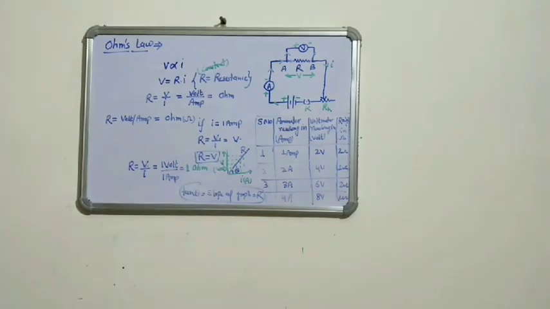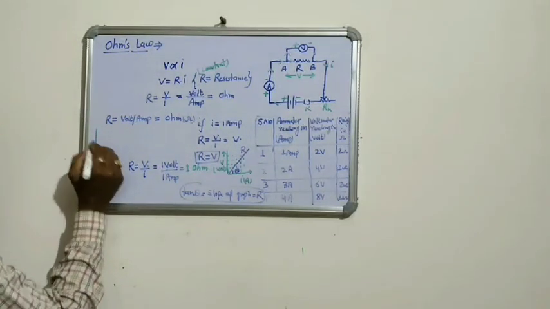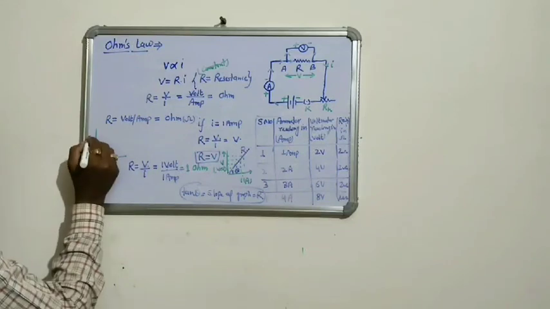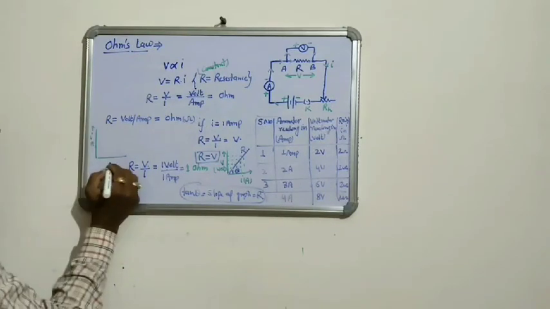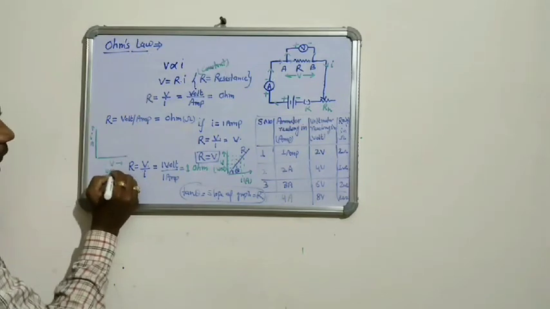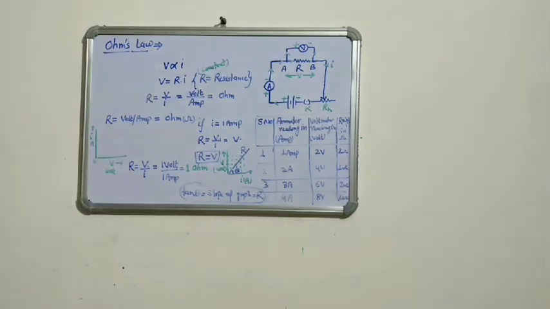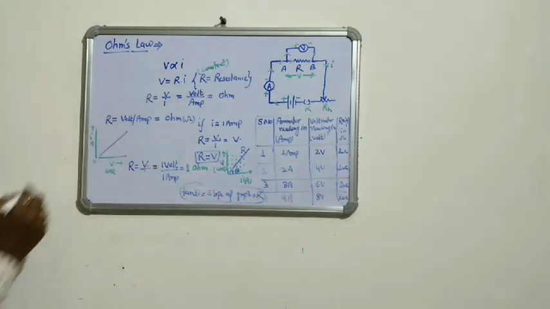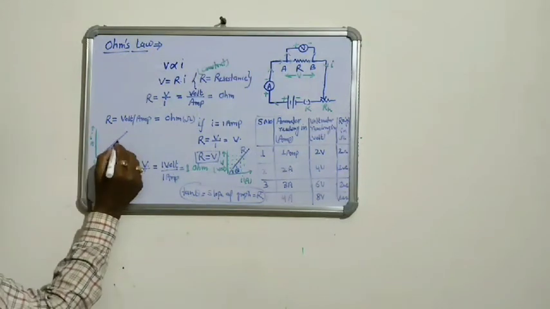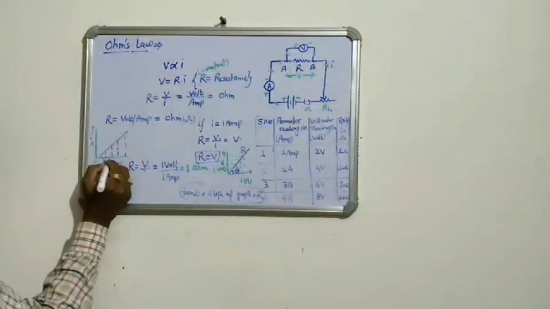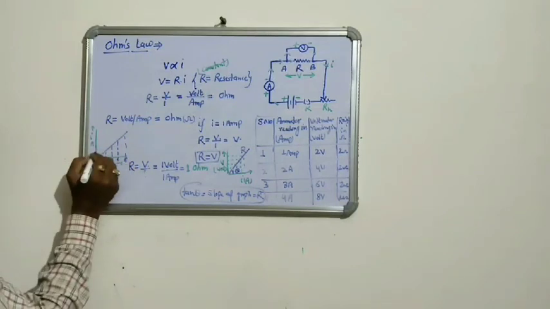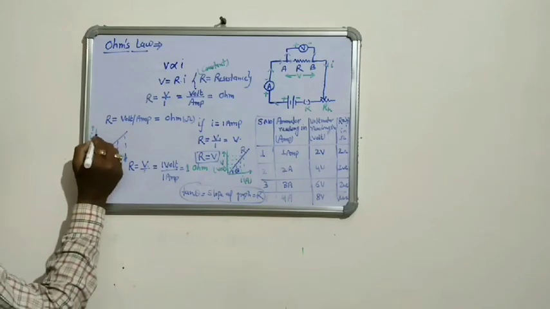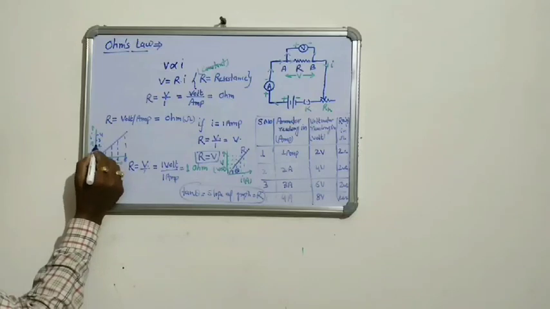And we can plot the graph the inverse way. When we take current I in ampere along the y-axis, and voltage along the x-axis in volt, then we also find a straight line. But in this case, suppose it is 2 volt, 4 volt, 6 volt, 8 volt. Here is 1 ampere, here is 2 ampere, here is 3 ampere, here is 4 ampere. Observe the values.